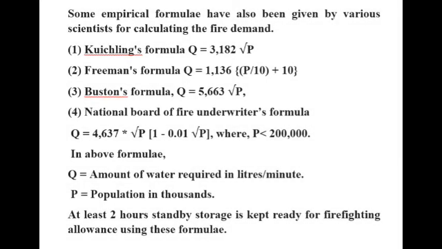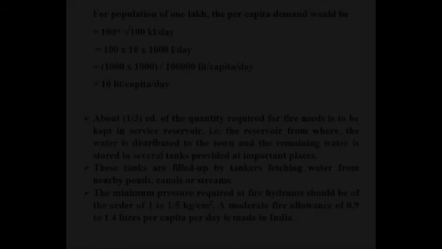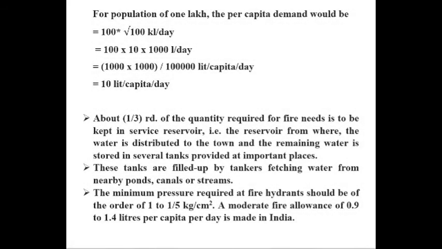Some empirical formulae have also been given by various scientists for calculating the fire demand. For population of 1 lakh, the per capita demand would be 10 liter per capita per day. About 1/3 of the quantity required for fire needs is to be kept in the service reservoir, that is, the reservoir from where the water is distributed to the town, and the remaining water is stored in several tanks provided at the important places.